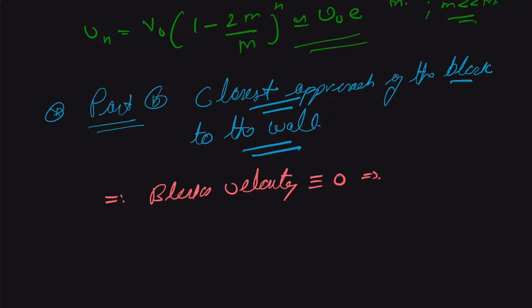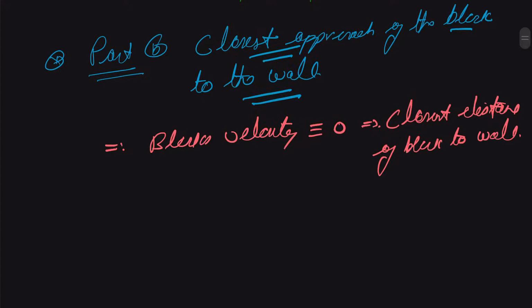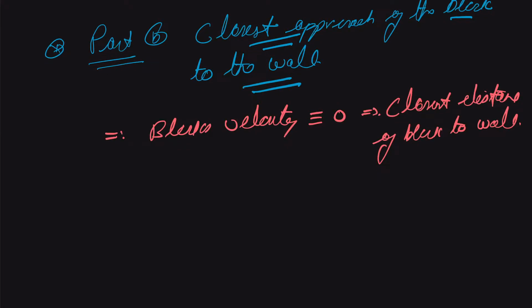This we can say is our closest distance of the block to the wall, and let us call this the minimum distance and define it as d minimum.